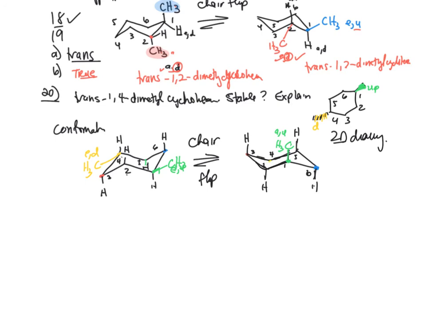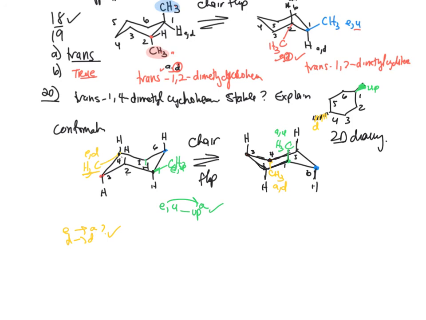Okay, so this is CH3. This is axial down. So when you look at this, did equatorial become axial? Did down stay down? Yes. And then you do your check here on the green methyl, equatorial up. Did equatorial become axial? Yes. Did up stay up? Yes. And then you make sure the relationship is 1, 2, 3, 4.